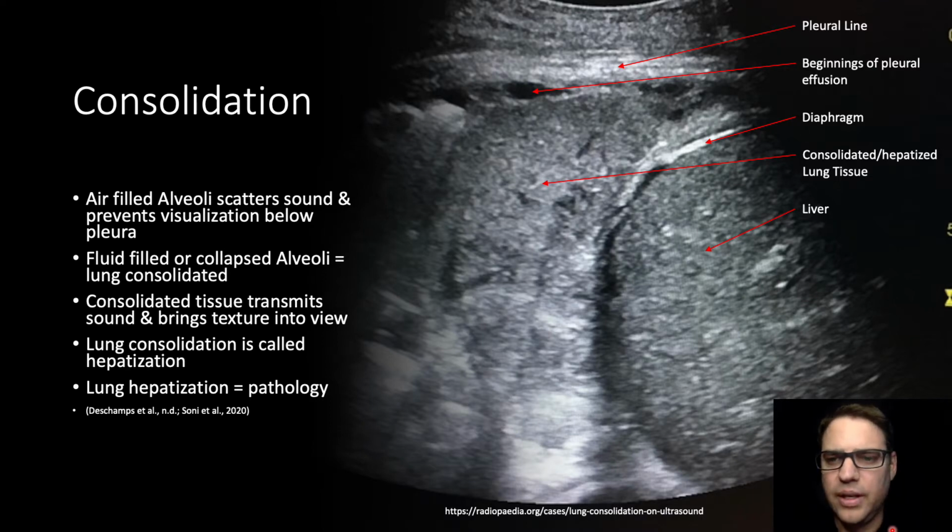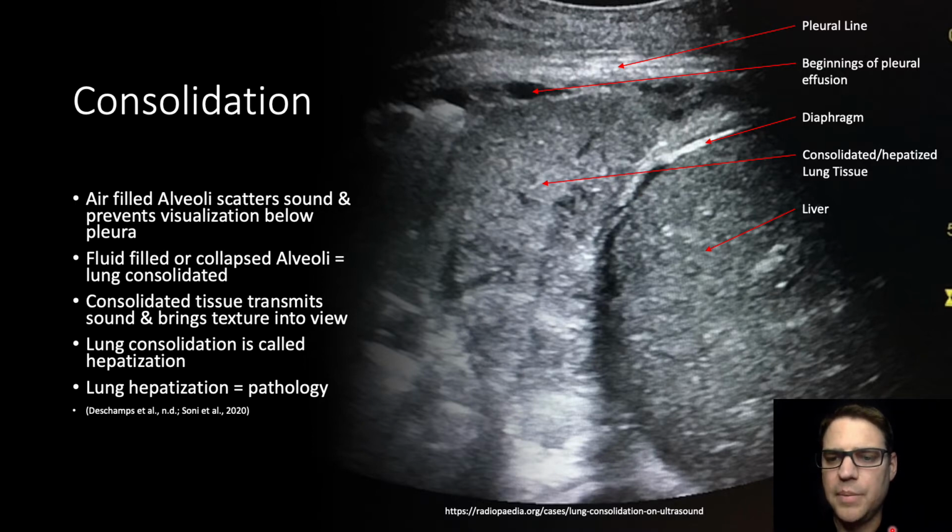Normally, the alveoli of healthy lungs are filled with air, which scatters ultrasonic waves and prevents visualization of the lung's parenchyma. However, when the alveoli are filled with fluid or become collapsed, as with pneumonia and atelectasis respectively, they are said to be consolidated. Consolidated lung tissue propagates or transmits sound waves and thereby brings the texture of the lung's parenchyma into view.